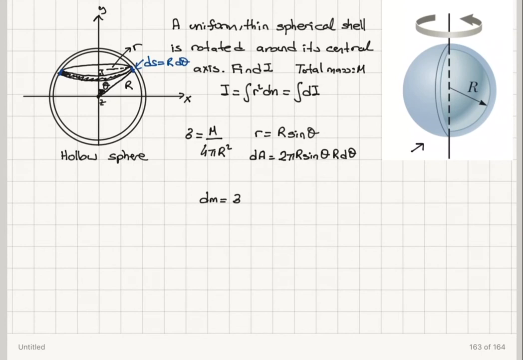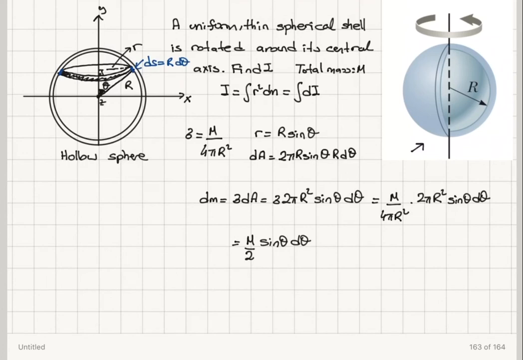So the mass will be sigma dA, that is sigma 2 pi r square sine theta d theta for this ring. So if I substitute for sigma m over 4 pi r squared, 2 pi r squared sine theta d theta, this is going to give me for the mass m over 2 sine theta d theta.